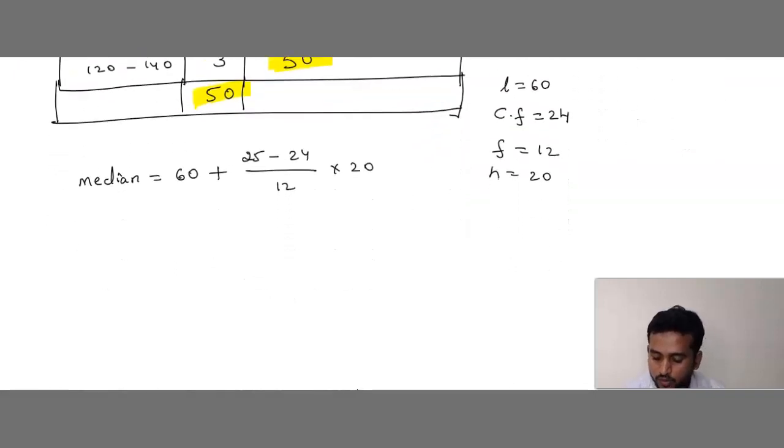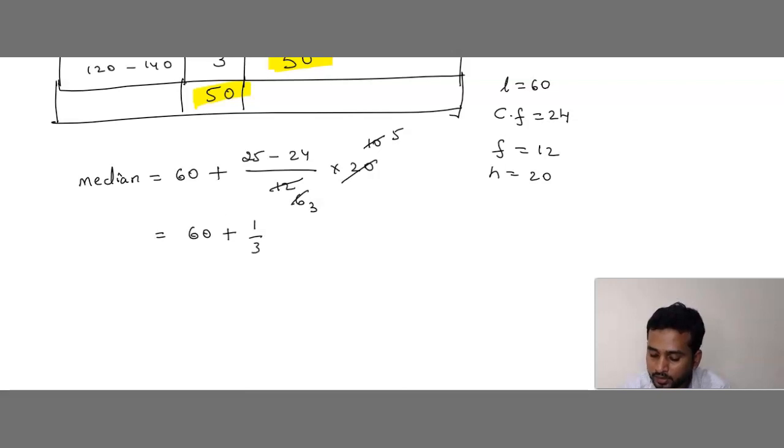Good. So now what we can do here: 60 plus 25 minus 24, which is nothing but 1. These terms will get cancelled: 2 sixes are 12, 2 tens are 20, 2 threes are 6, 2 fives are 10.